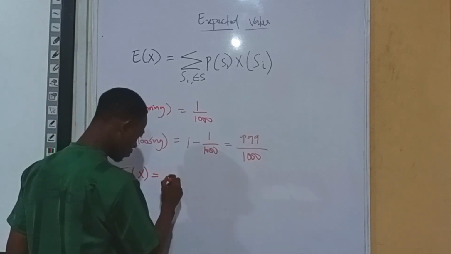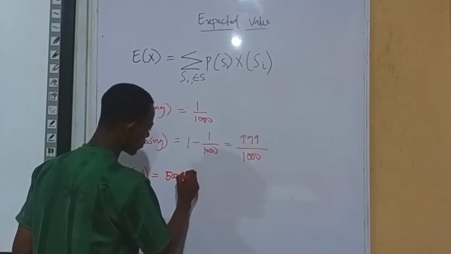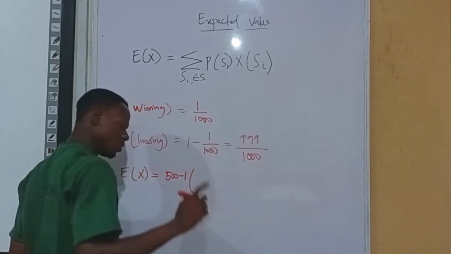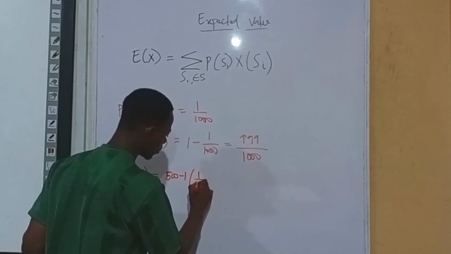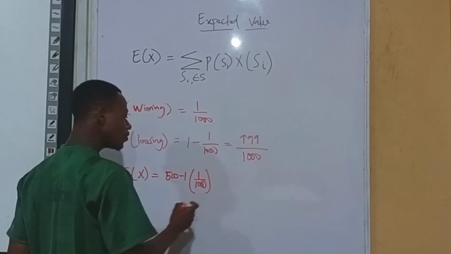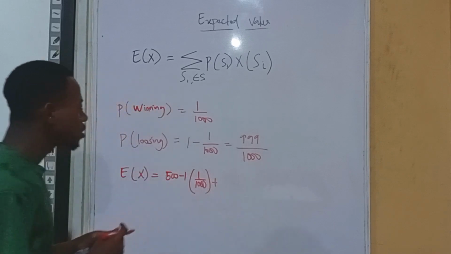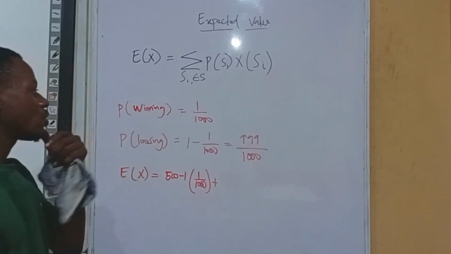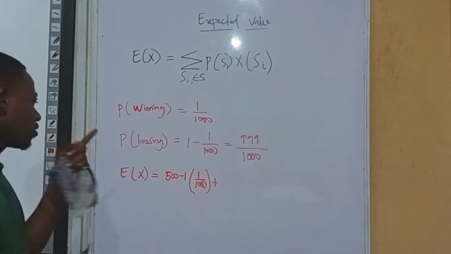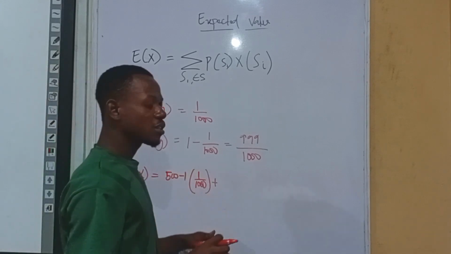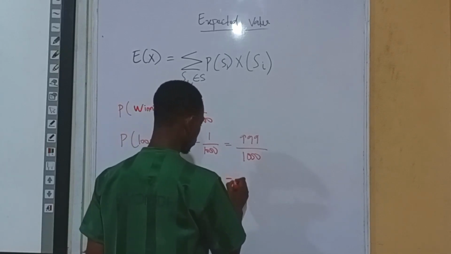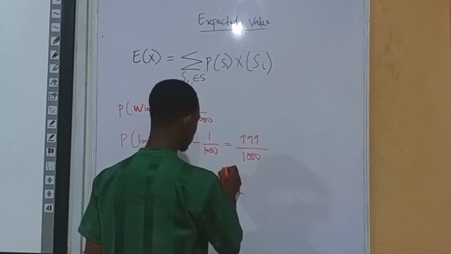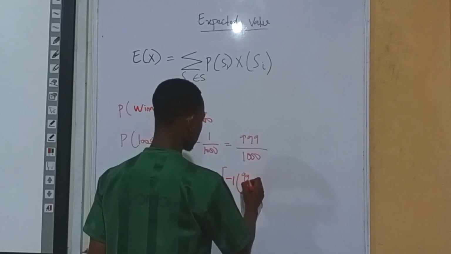So that's 500 minus that $1, into brackets the probability of the person winning, which is 1 over 1,000, plus what's the probability of the person losing? 999 over 1,000. And how much is the person going to lose? $1. So this one is minus 1 into bracket 999 divided by 1,000.